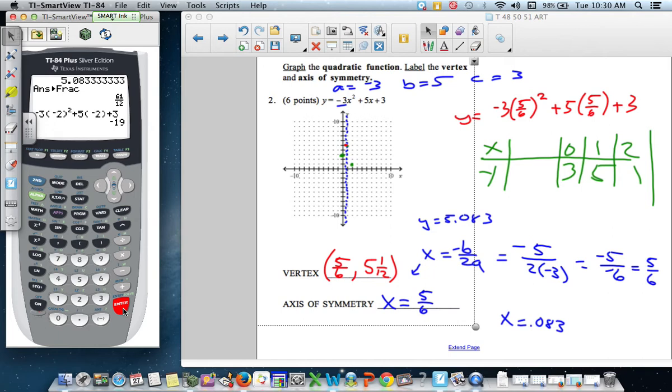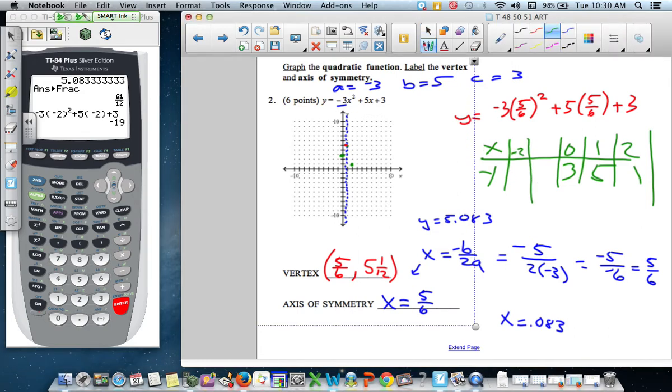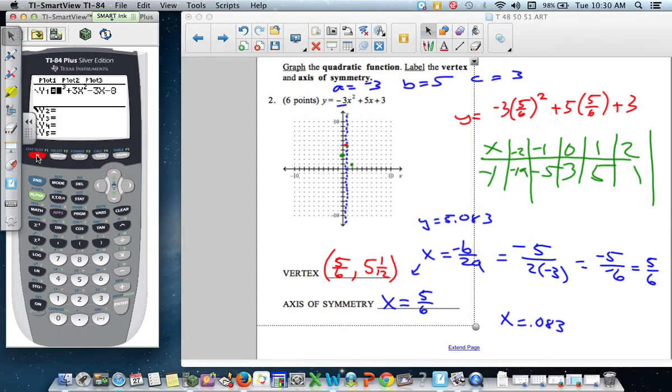So I get negative 19 for negative 2. So I'm already off the chart there. If I put negative 1 in there, I'm going to get negative 3 plus negative 5 plus 3. So that would be negative 5. Is that right? And another way I could do all this by checking is I could type in my equation, y equals negative 3x squared plus 5x plus 3, and I can look at a table.